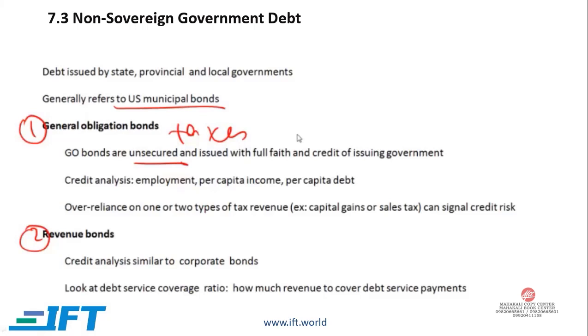So bonds are issued and investors or bondholders are paid based on the entity's ability to raise taxes or to impose taxes. So when we do a credit analysis of general obligation bonds, the most important things to look at are the ability of this municipal entity to impose taxes or raise taxes.